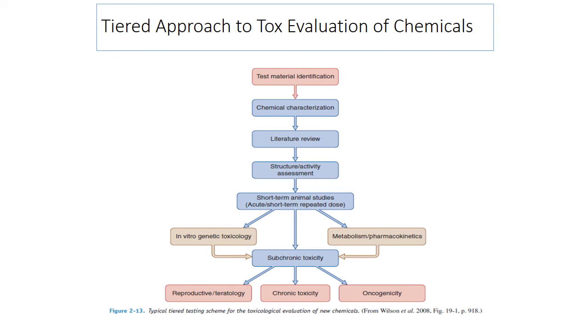We talked about the issue of metabolism and pharmacokinetics earlier. And then subchronic toxicity studies. So here you're talking of studies that take between 3 to 6 months or thereabouts. And then they would look at reproductive chronic toxicity studies of more than 6 months and oncogenicity.